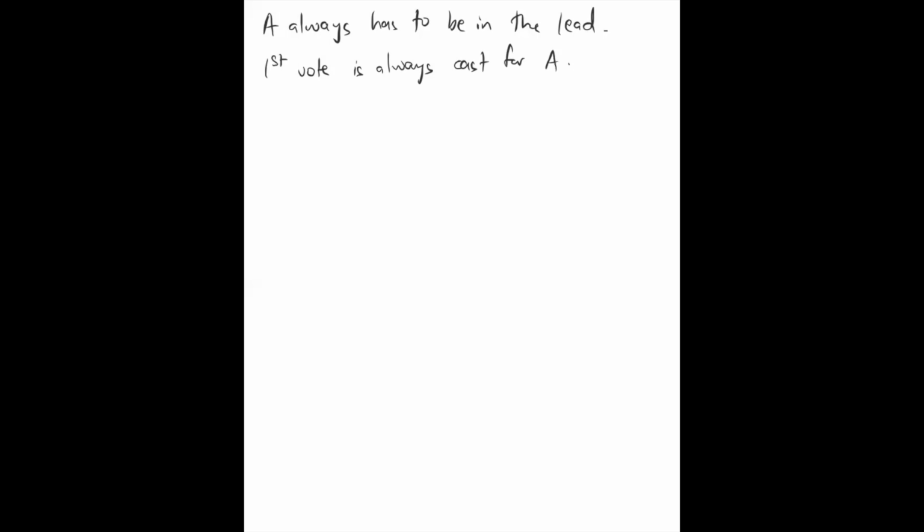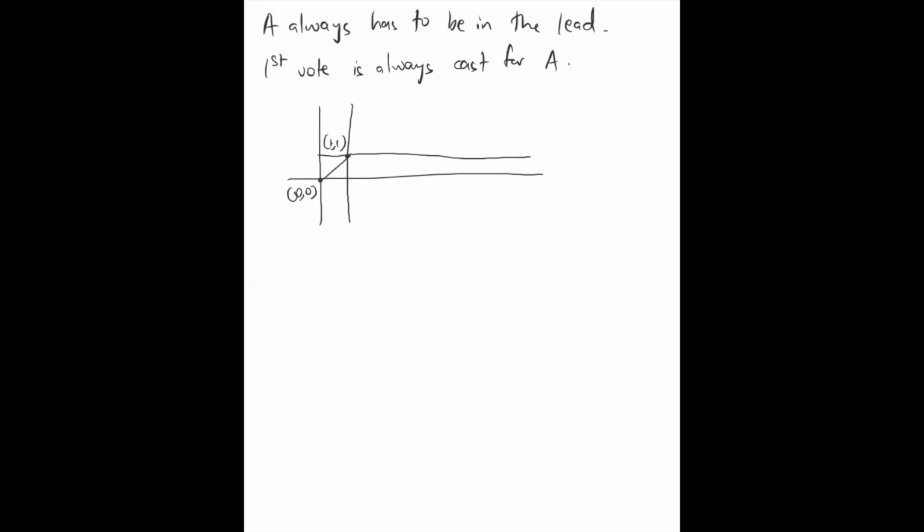If we look at what happens on the grid again, 0 comma 0, the first move is always to 1 comma 1, because on the first vote n always becomes 1 and A minus B automatically becomes 1, because the first vote is always for A. So the first move is always a type 1 move, and it takes us to 1 comma 1.